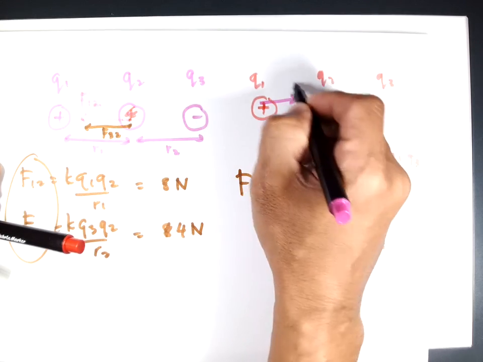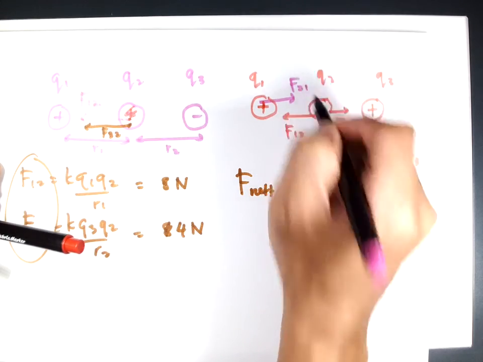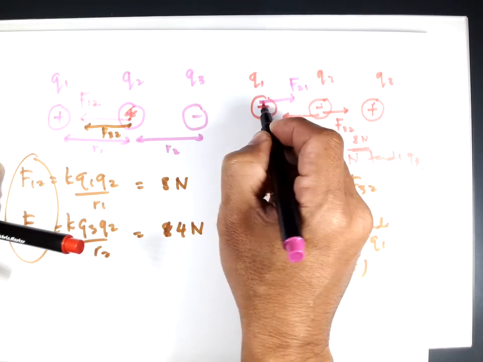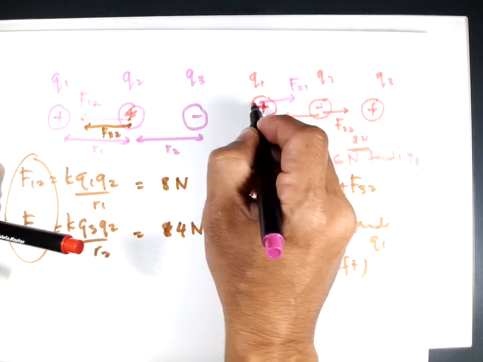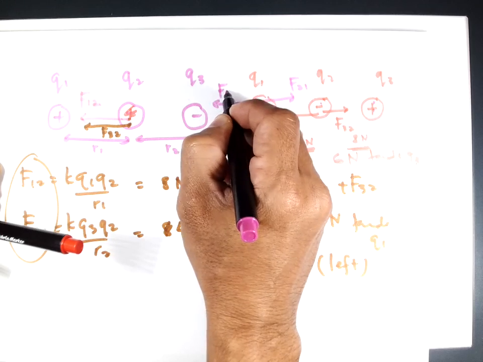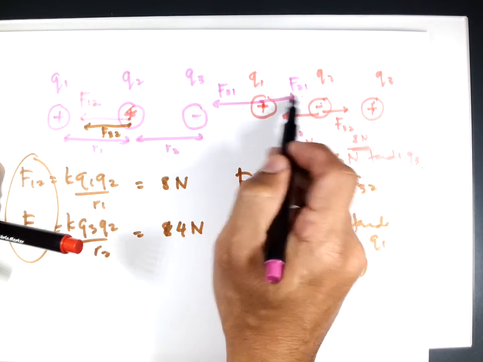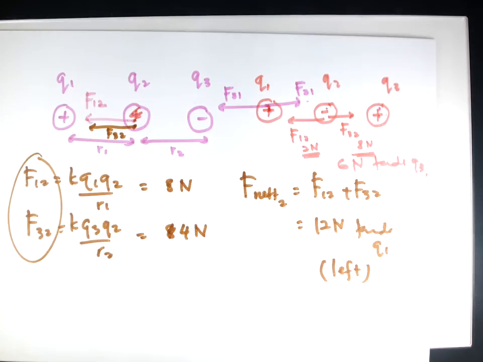So you going there. This is F21. Then 3 acts on 1. Positive and positive repel. So F31. So now look at the values. Whichever is stronger wins. So your answer must have magnitude, how many newtons, and where: to the right, to the left, towards or away. Okay, you follow me?